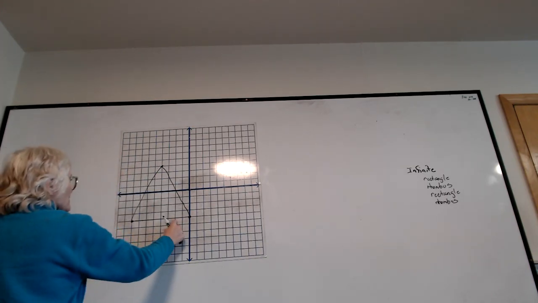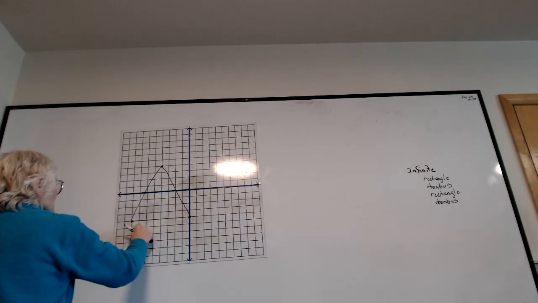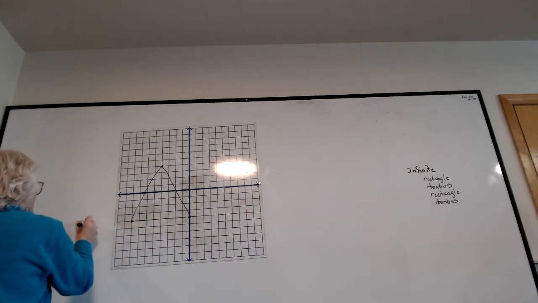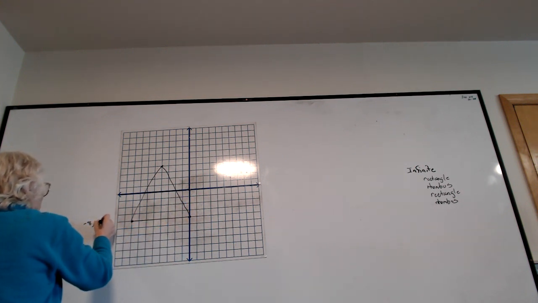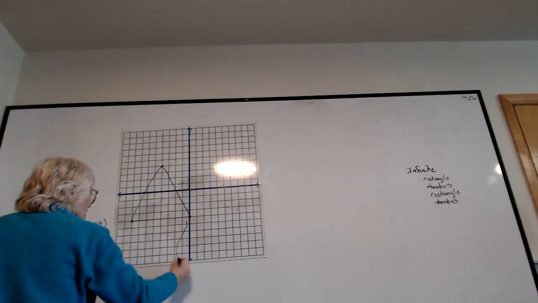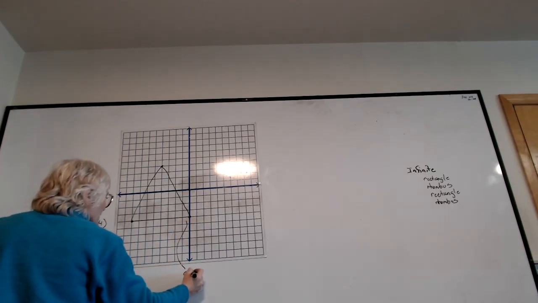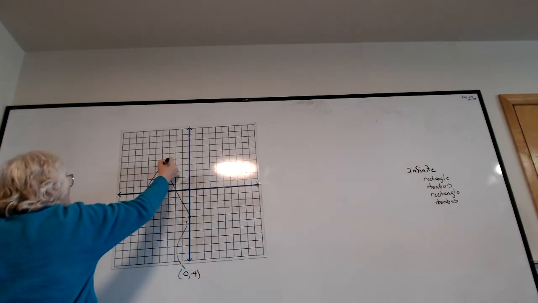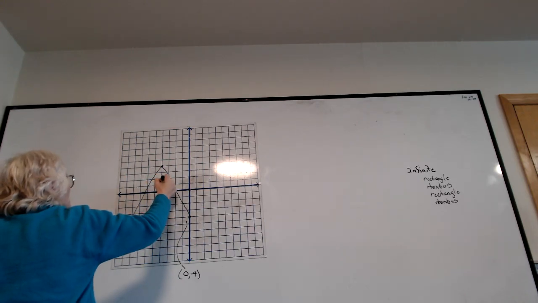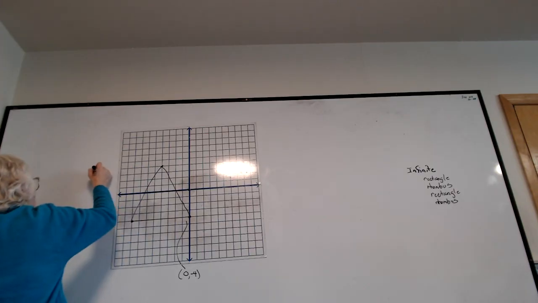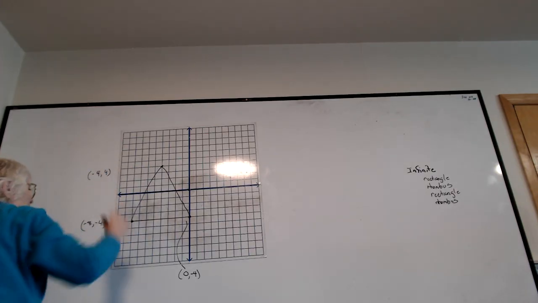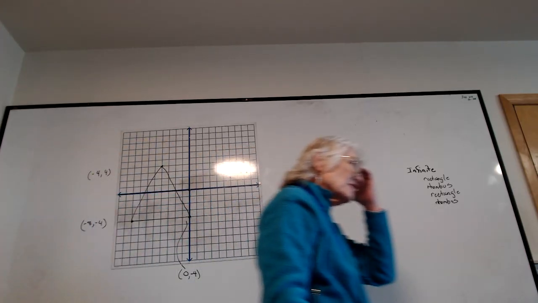This is at the point 1, 2, 3, 4, 5, 6, 7, 8. So it's at 8, -8, and 4, -4. This one here is 0, -4. And this one here is -4, 4. Okay, so those are the different points on our triangle.